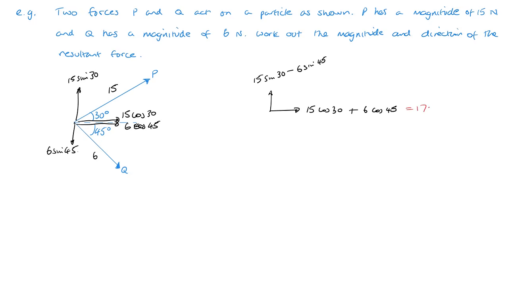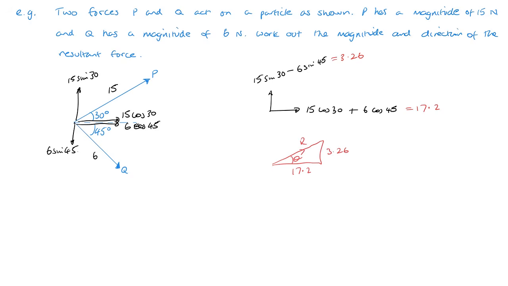And this is 17.2 to 3 significant figures. And this one is 3.26 to 3 significant figures. And I can put that in a triangle, 17.2 and 3.26.